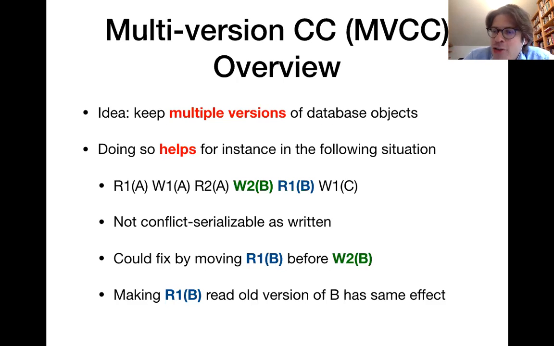So keeping around multiple versions and choosing which version to show to a transaction is essentially a way of avoiding conflicts that are caused by reads, like the one that you see here in the example. Because of that, it might allow us to avoid some conflicts due to those reads. On the other side, of course, I now have to keep multiple versions of an object around, which is also associated with overheads.